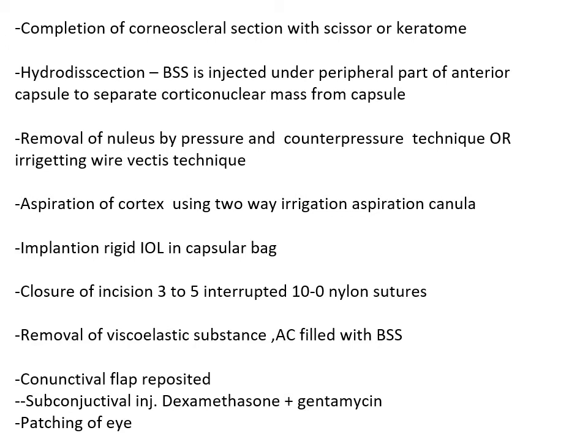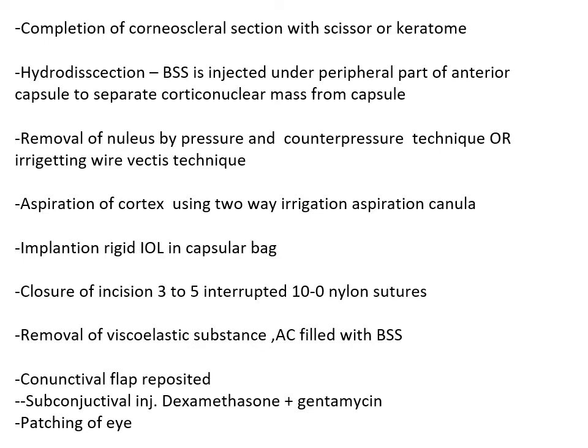Then after removal of the nucleus, aspiration of the cortex is done by the two-way irrigation aspiration cannula. Once the cortex is removed, you put viscoelastic substance in the capsular bag and implant the rigid IOL. Then after implanting the IOL, closure of the wound is done after removing the viscoelastic substance.